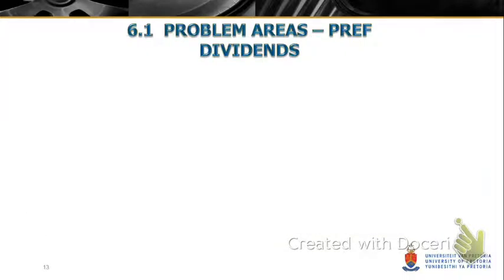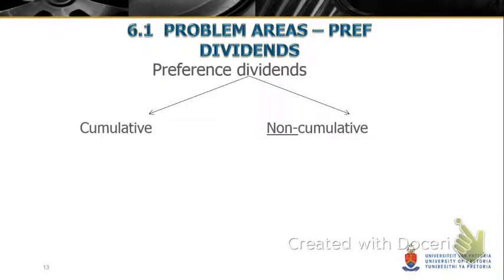Problem areas, preference dividends. We get cumulative and non-cumulative preference dividends. Now, as we said previously, if a question states nothing, you assume that they are cumulative. Otherwise, we will tell you if they are non-cumulative.